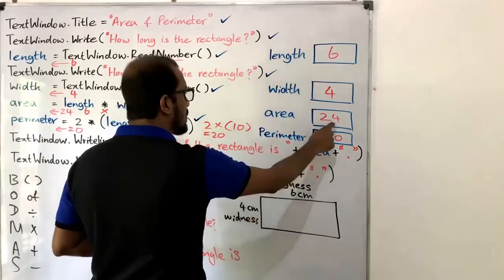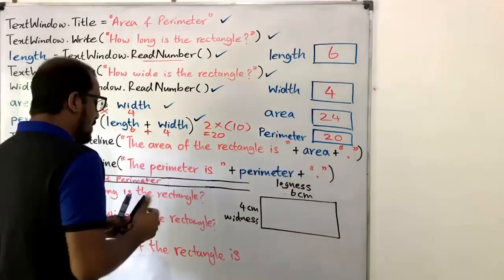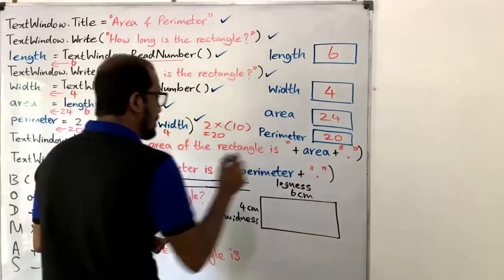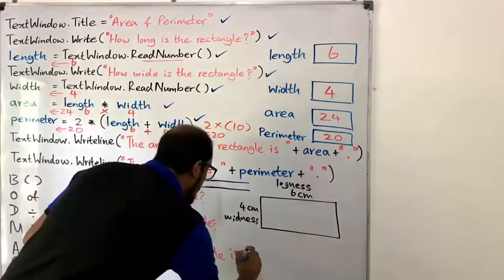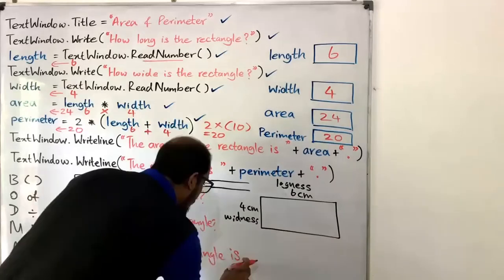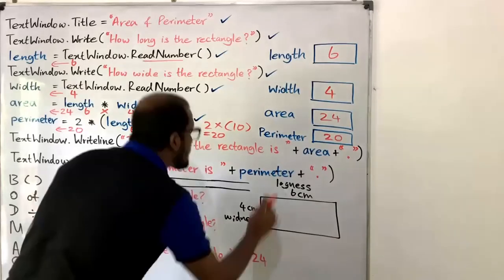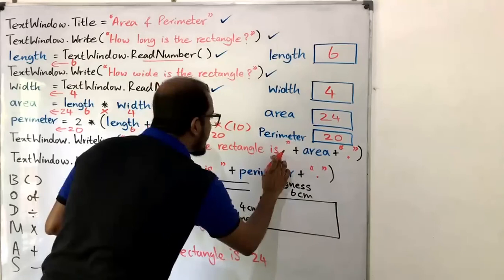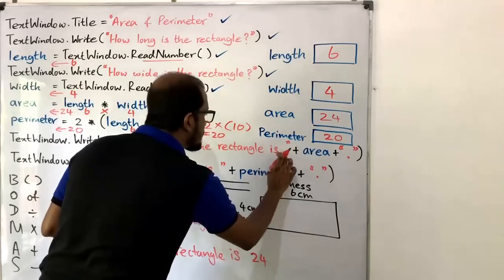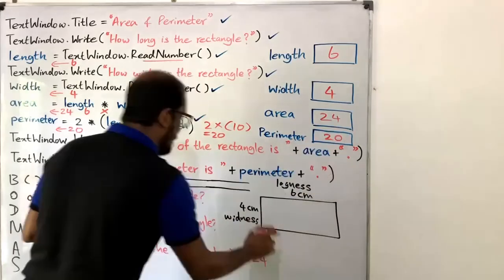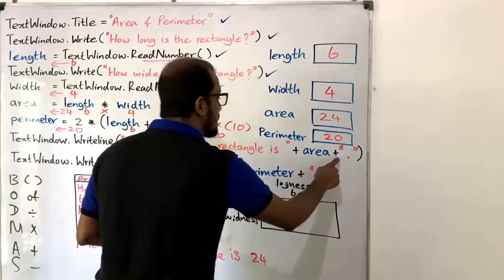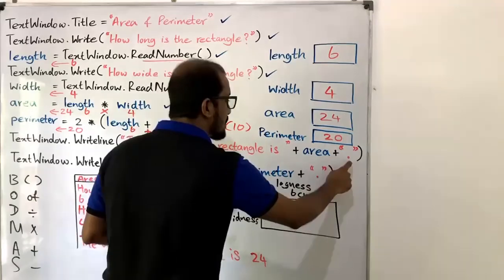The value 24 will be joined after a space, because this expression ends with a space, and then the value under the area, 24. Again, join a full stop within inverted commas. There is a full stop, no? That's the thing.